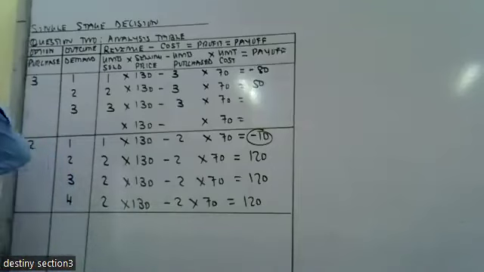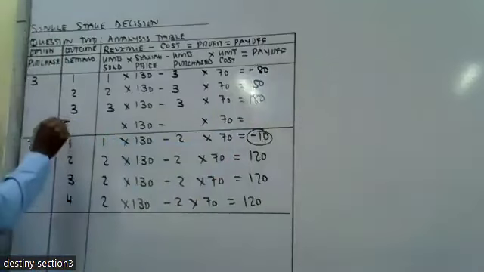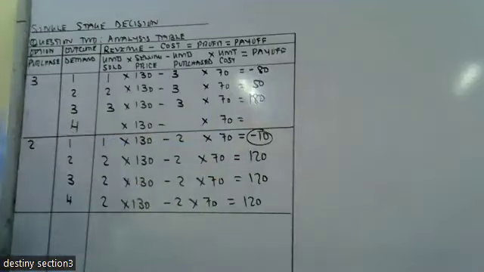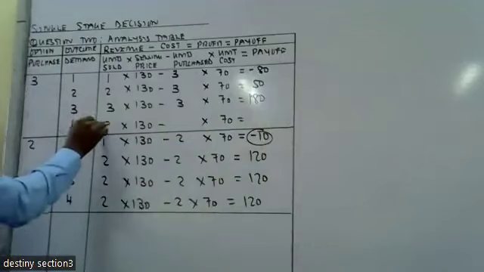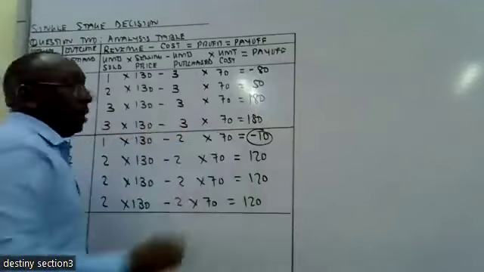Good. So that is okay, eh? This one, 180. The next one, you buy 4 and you sell 3 because you have bought 3. That is also 180. Okay.